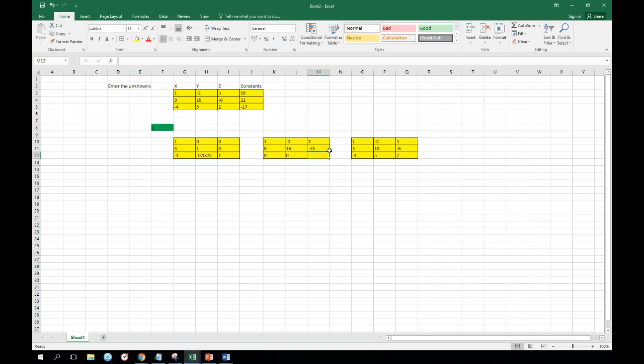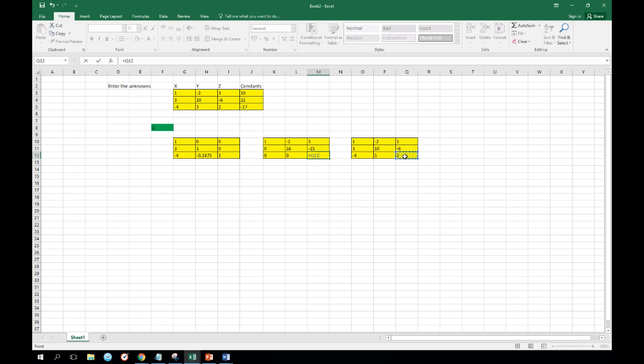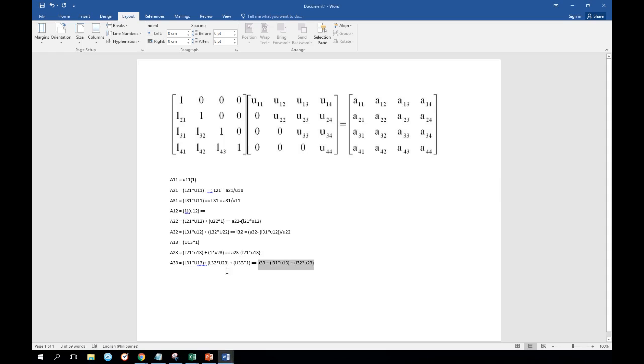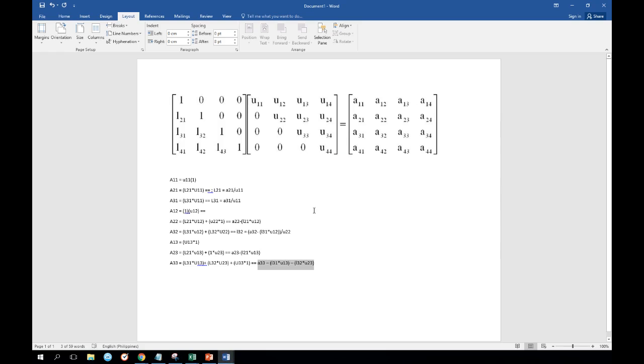So let's go and get the value. That's A33 minus the product of L31 and U13, so L31 times U13, minus L32, which is this, multiplied by U23.